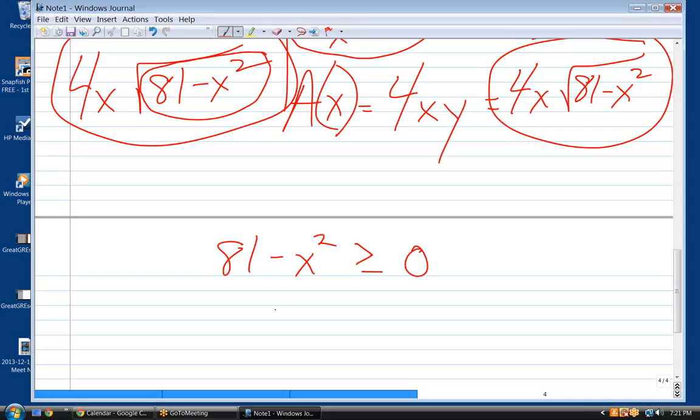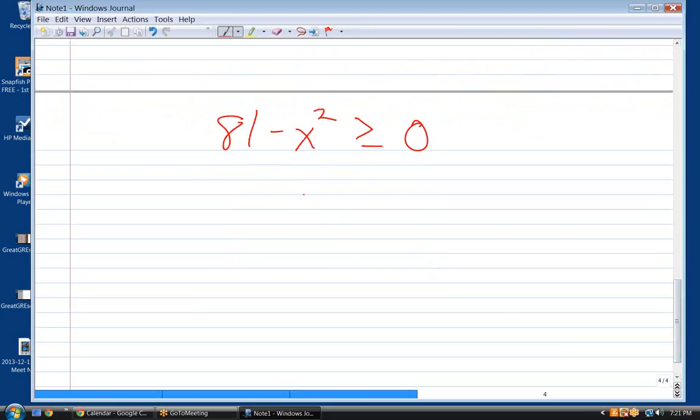So let's see. First of all, you want to help me solve this? It'll just be x has to be less than 9, or less than or equal. No, yeah, less than or equal to 9. Is that it?